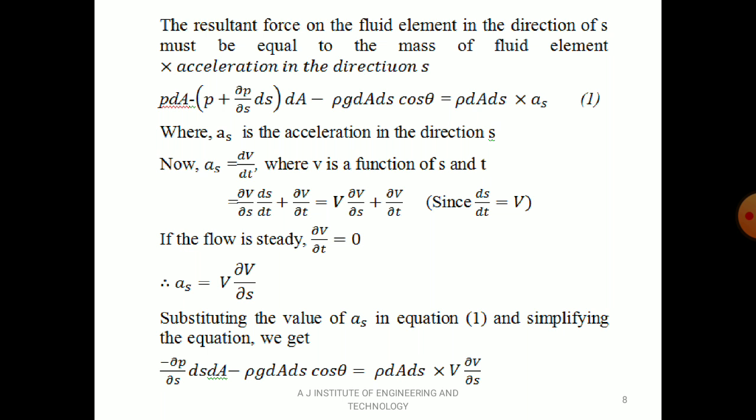So minus PdA and PdA cancel. So minus dou P by dou S into ds dA minus rho g dA ds cos theta equals rho into dA ds into v into dou v by dou s, substituting v into dou v by dou s in place of as.